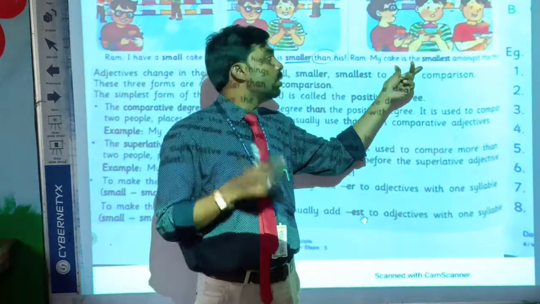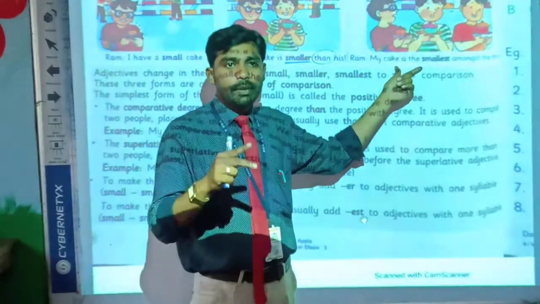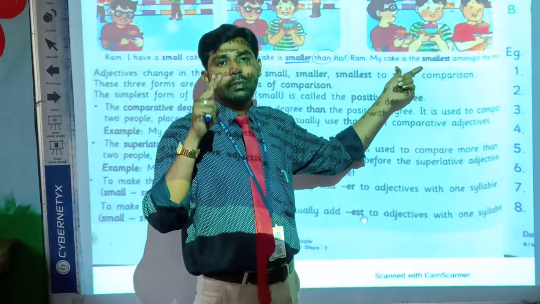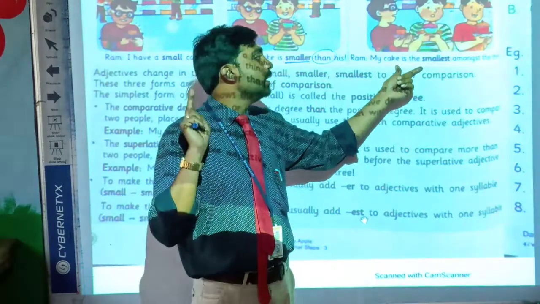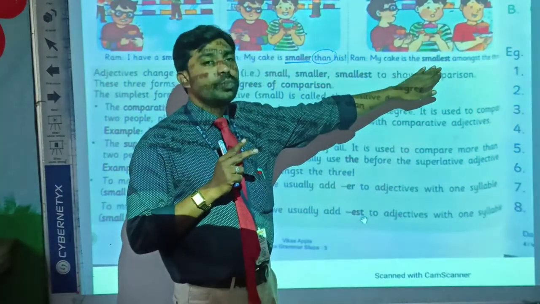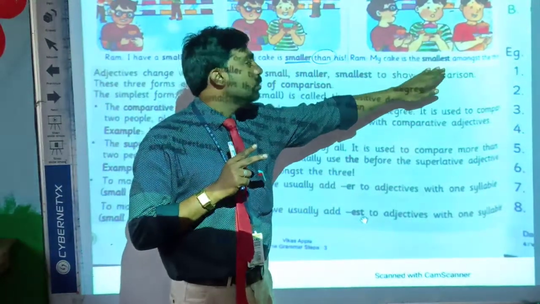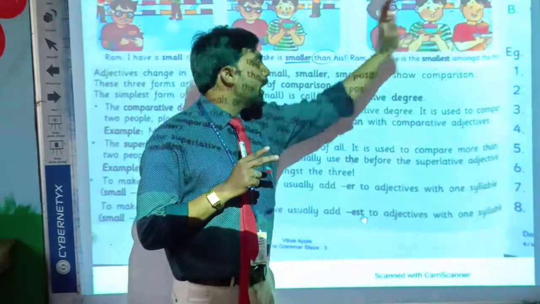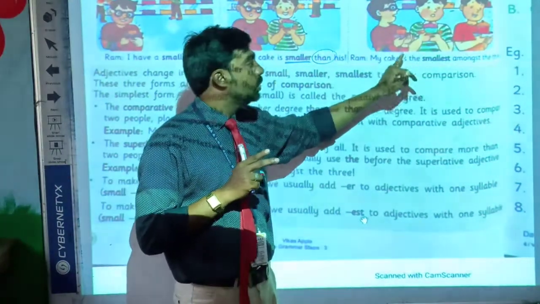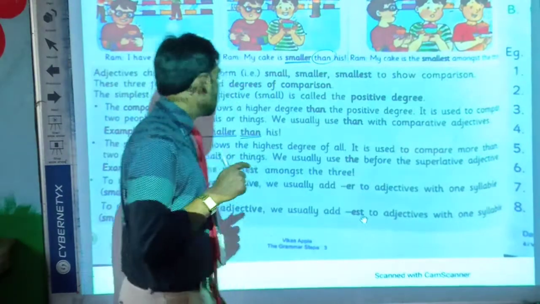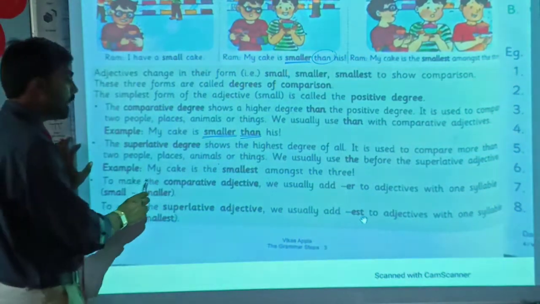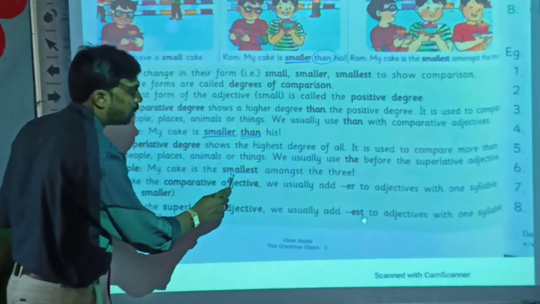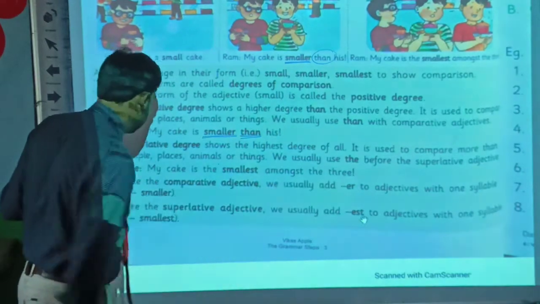So whenever we compare more than two things, we use the superlative degree, and before the superlative adjective we take the: the smallest.